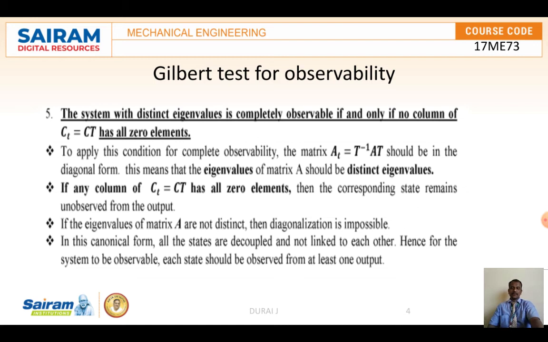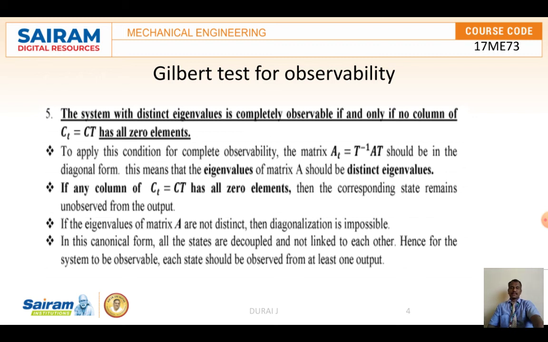So remember, all the states are decoupled and not linked to each other, hence for the system to be observable, each state should be observed from at least one output. So here the states are decoupled, not linked to each other, hence the system is observable if each state is observed from at least one output.